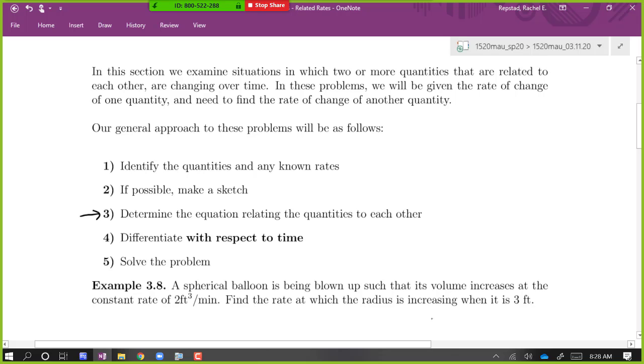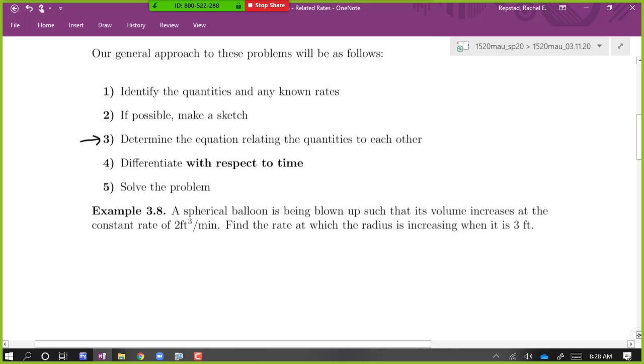So step 3 is going to be to find the volume-radius formula, which gives the formula that relates only V and R together. Then I want to differentiate with respect to time. These are all time rates of change. They tell us how fast one thing is changing, and then we want to figure out how fast another thing is changing. Then we should be able to solve that problem.